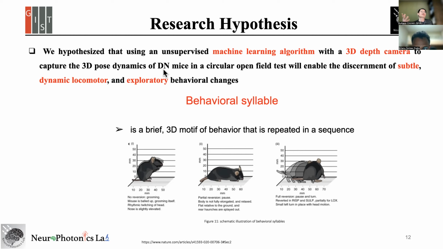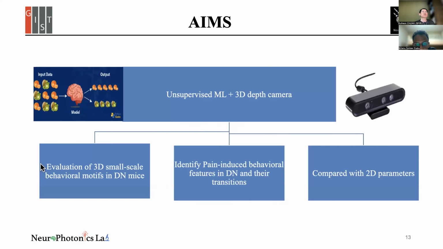Is the hypothesis testable or not? So subtle dynamic locomotion exploration. Yeah, we have to test it, because it is a frequency change, so we can test based on frequency. Yeah, hypothesis and aim, right?